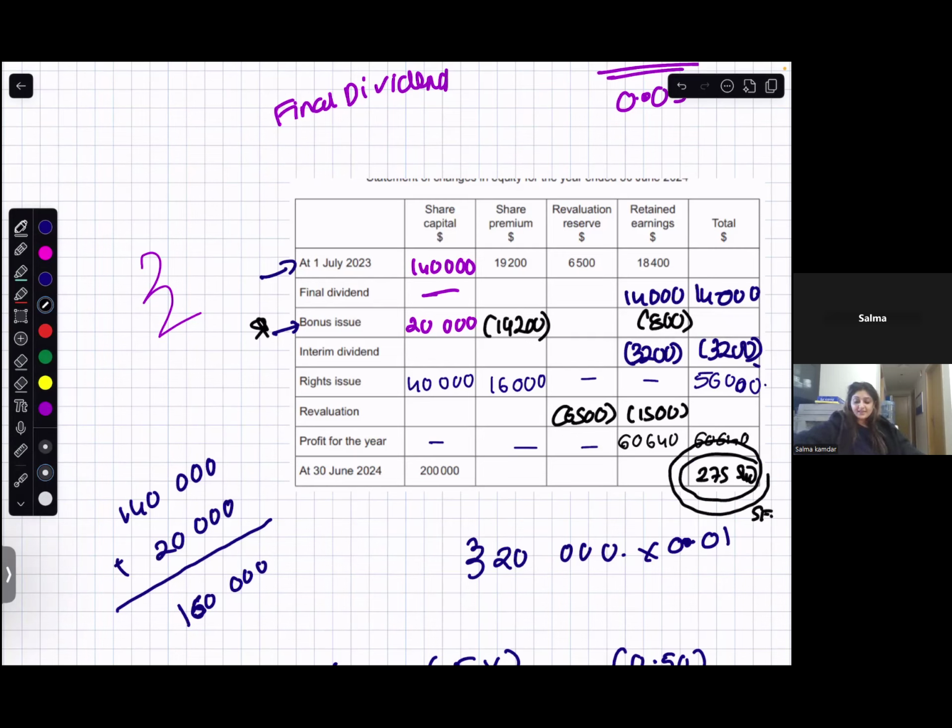So the question that they asked you over here was calculate the value of your ordinary shares on 1st July 2023. How would you do that? Just write this. 1, 2, 3. This plus this gives you this. It's for a 3 marker.